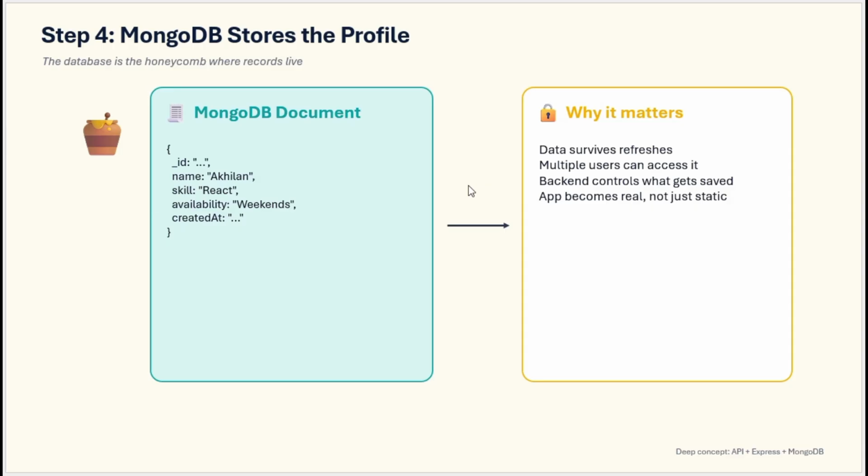In MongoDB, each record is a document that looks very similar to a JSON object, and this works nicely with JavaScript apps because the shape of the data feels very familiar. Saving data in MongoDB means the profile can survive refreshes, it can be shown to other users, and the app becomes a real full stack application instead of just a static page.